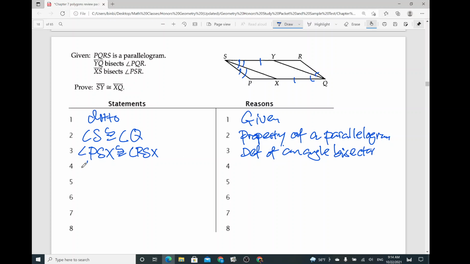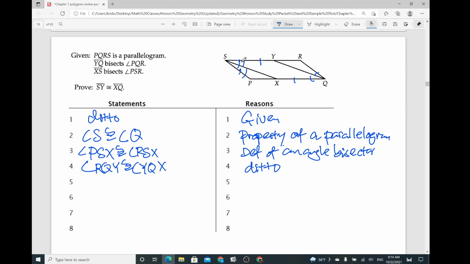And also the other one here: angle RQY is congruent to angle YQX, again by the definition of angle bisector.